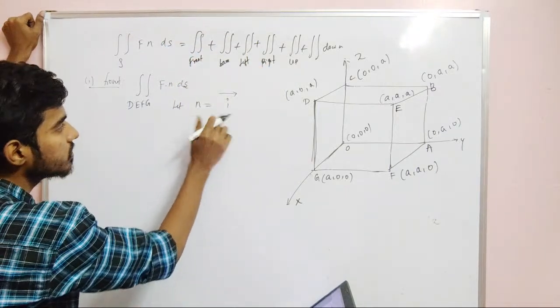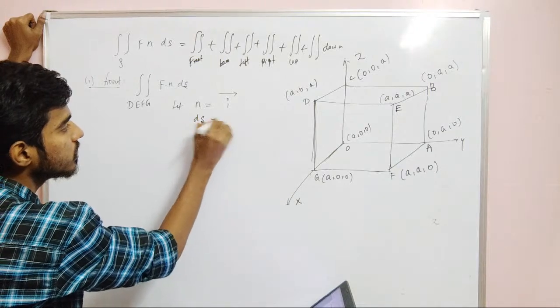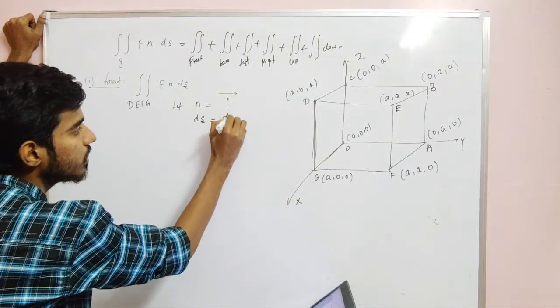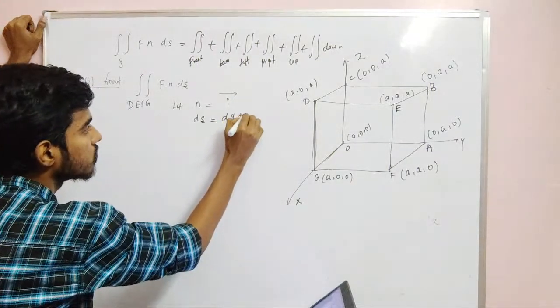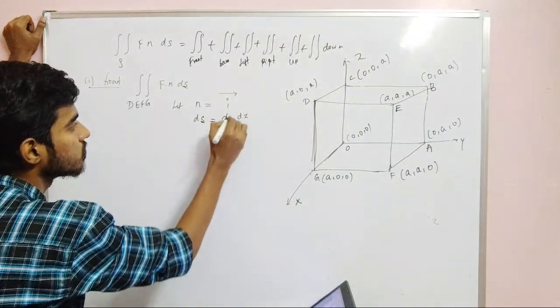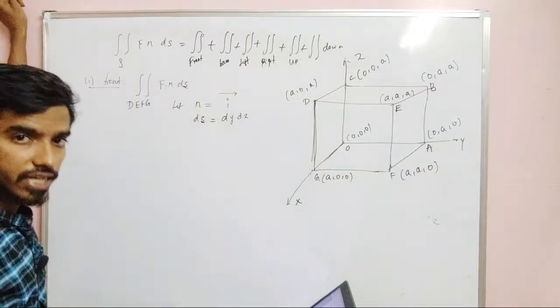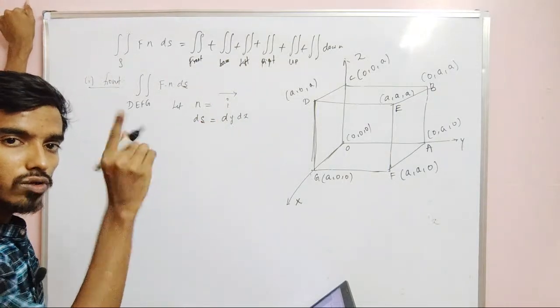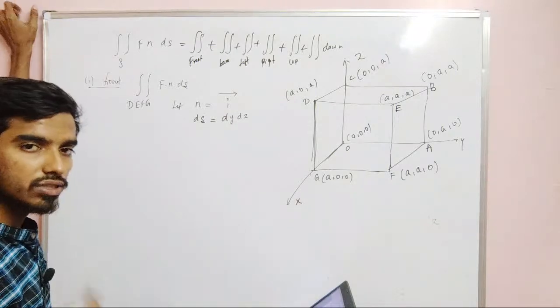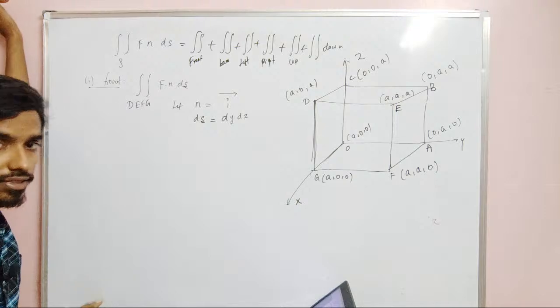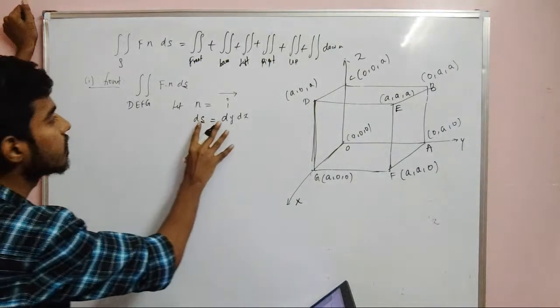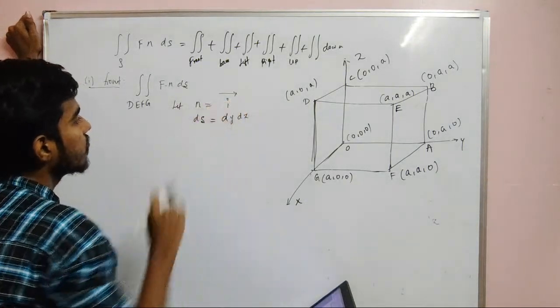Here you have chosen n equal to i, so you choose dS to be dy dz. If you are choosing n to be j, you have to choose dS equal to dx dz. If you are choosing n to be equal to k, you have to choose dS equal to dx dy, right? So this is the n and this is our dS.